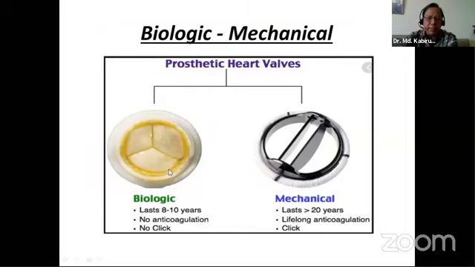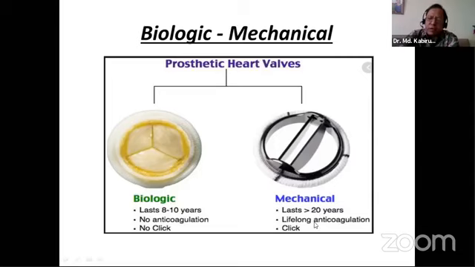These have an average duration of 8 to 10 years. Usually they don't need any anticoagulation if the patient is in sinus rhythm, and they have no click. But the mechanical valve lasts longer, may last more than 20 years, and some studies show it can last even 30 to 40 years.